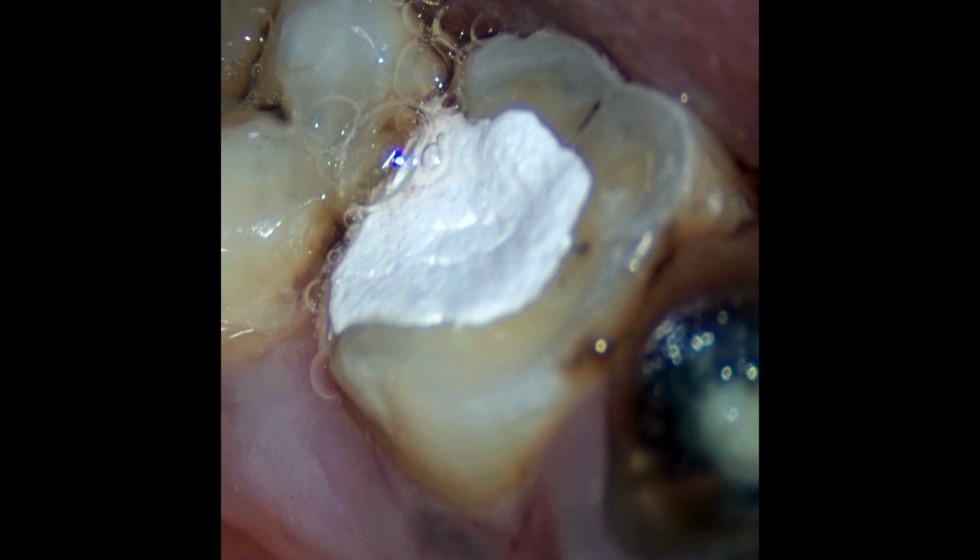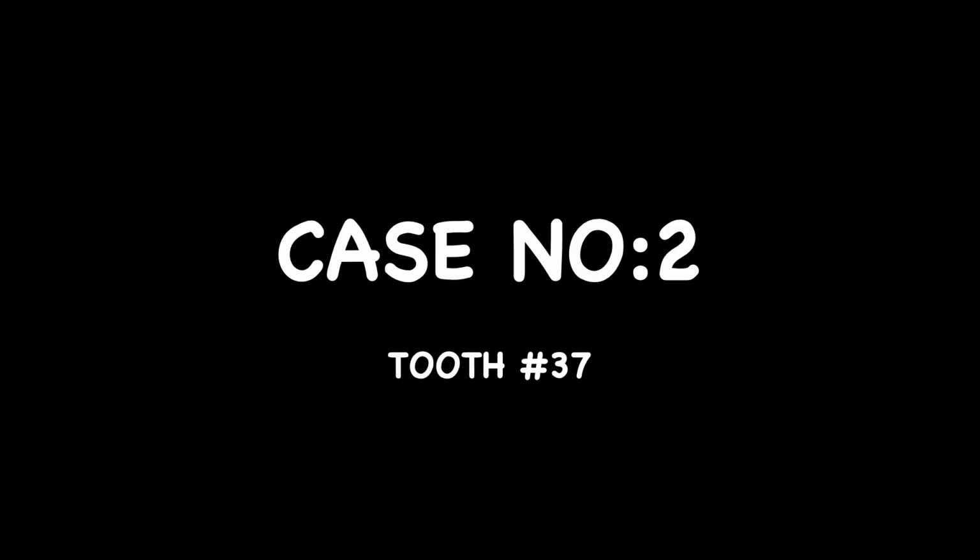So here we have given a provisional restoration and referred the patient to the referring doctor. If I'm going to do the onlay in the next visit, I can just remove the temporaries, and my gingival seat is also elevated. It's much easier for me to make my final preparation and impression.